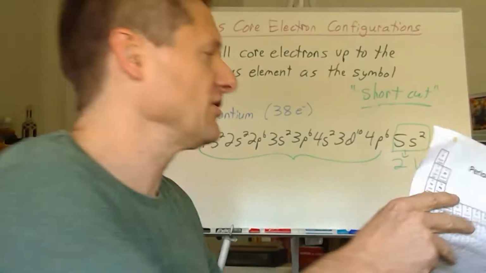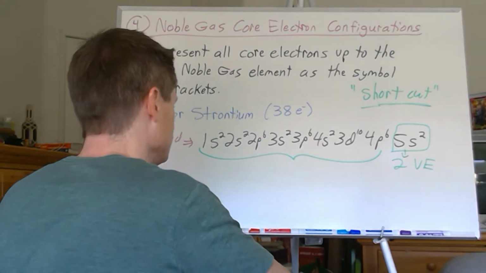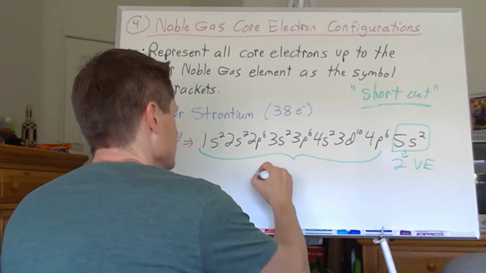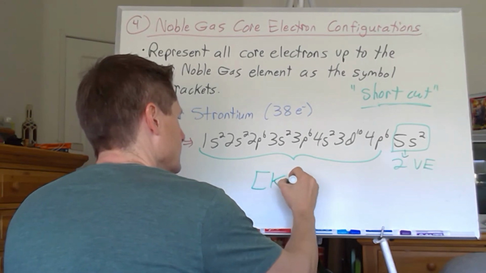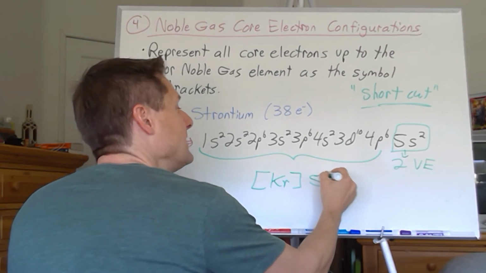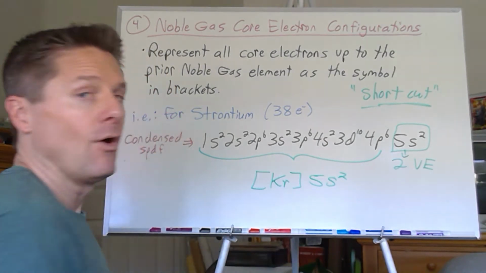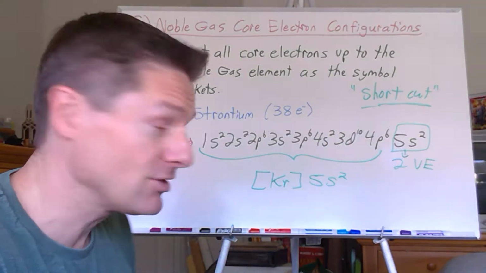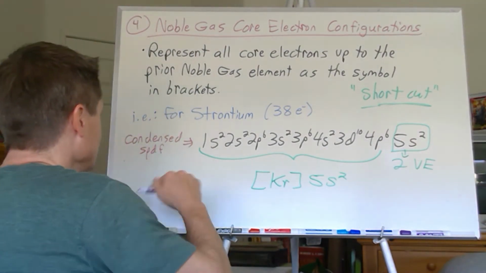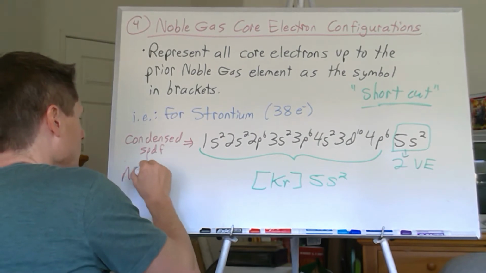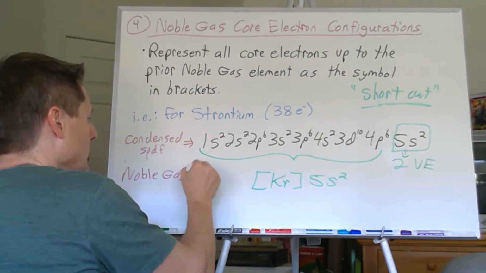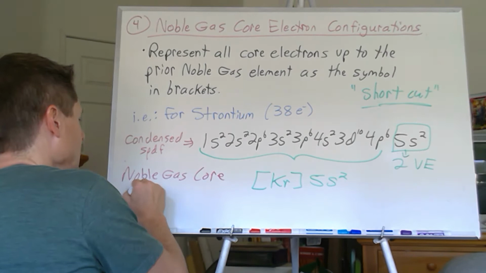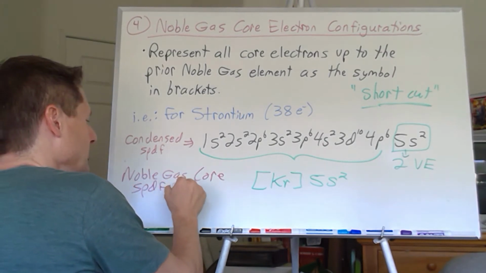So what we do is just draw that in brackets. And then write the rest. Isn't that so much nicer? So this is the noble gas core spdf notation.